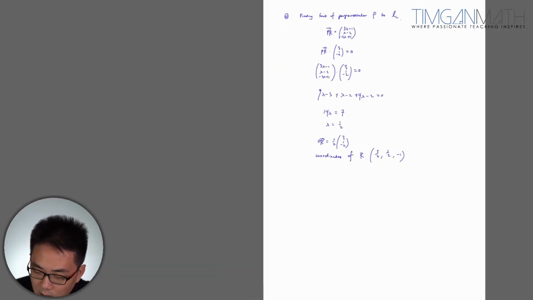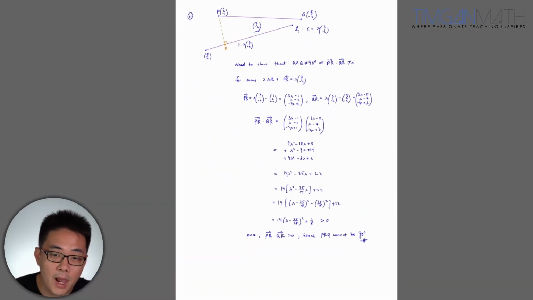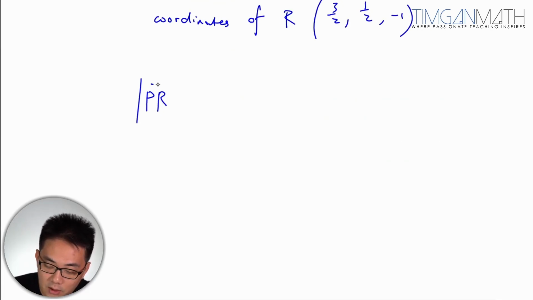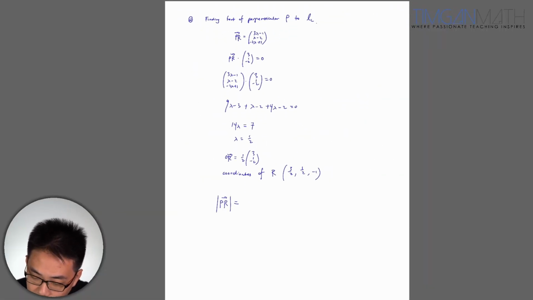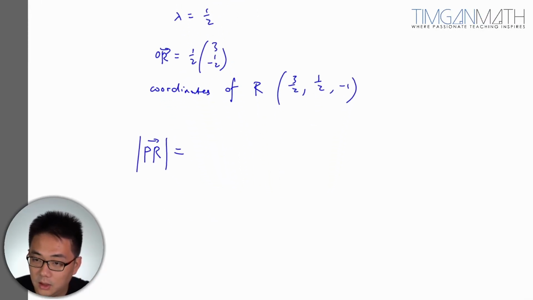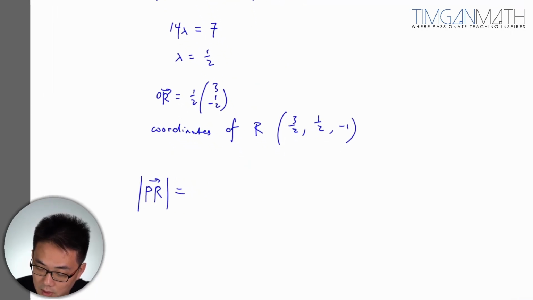Great. Then you want the exact minimum length. I think it should be quite fast. The exact minimum length will just be mod PR. So in this case, I'm just going to substitute lambda equals half into PR.